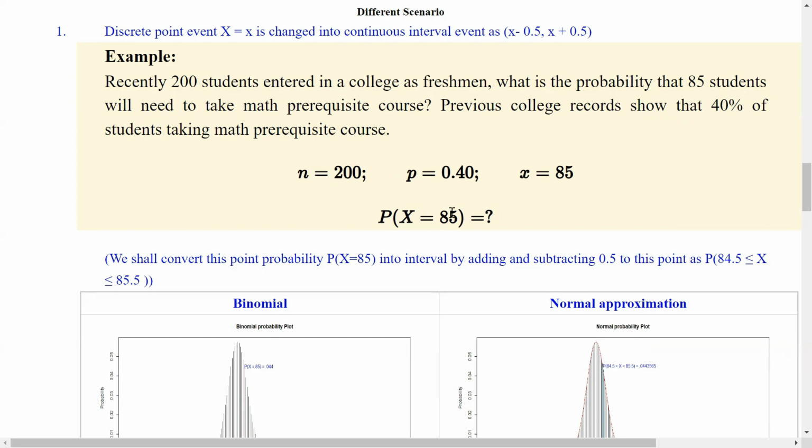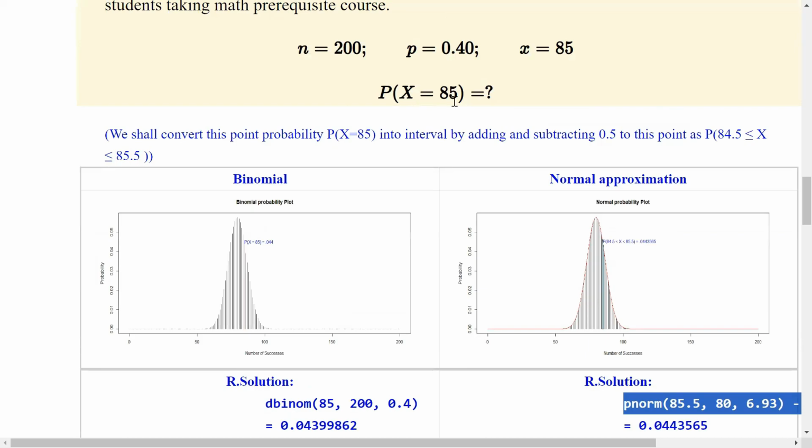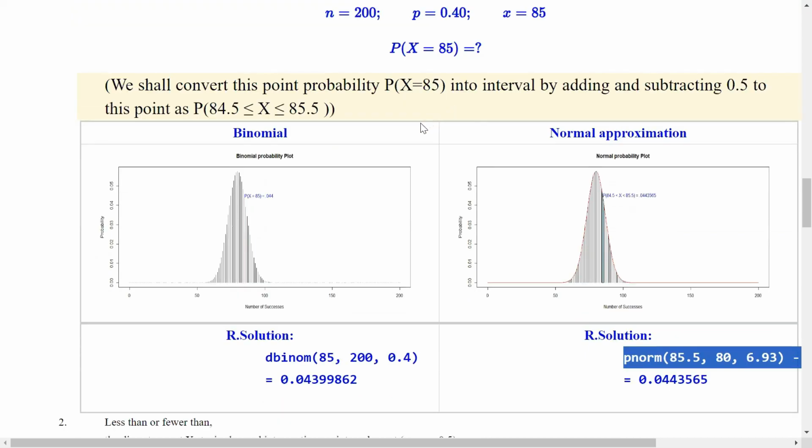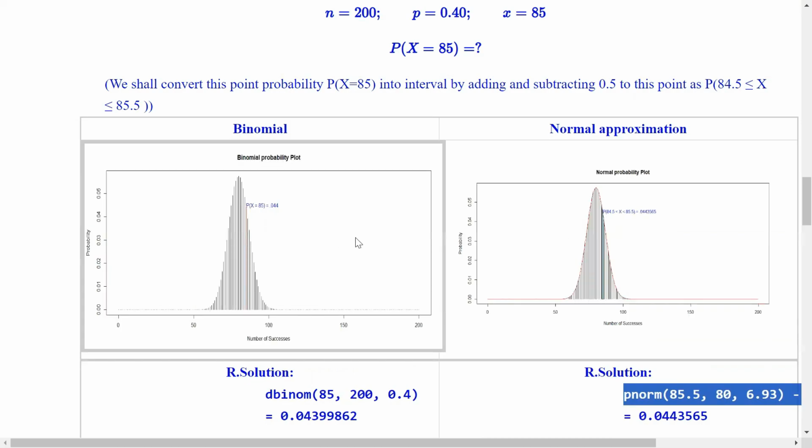So the question here is to approximate the binomial discrete probability x equal to 85 into a normal continuous probability. Here in this figure, the point probability at x equals 85 is shown by a vertical line of height 0.044 that measures the discrete probability.